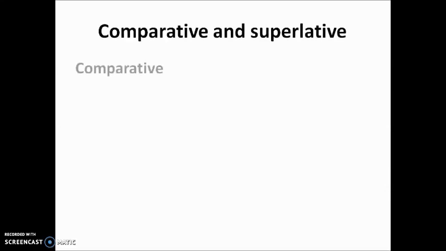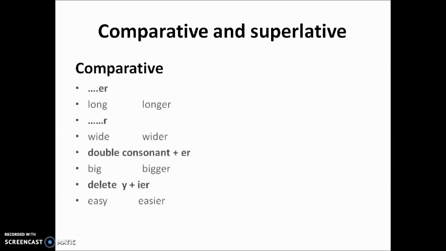Now we want to know how to form the comparative. For adjectives, we add er. Like long, it becomes longer. For adjectives that end in e, we add r only.